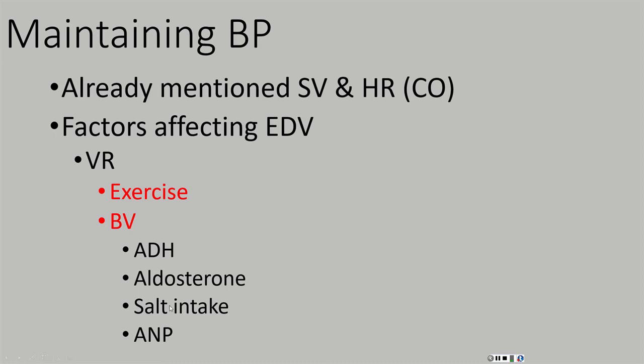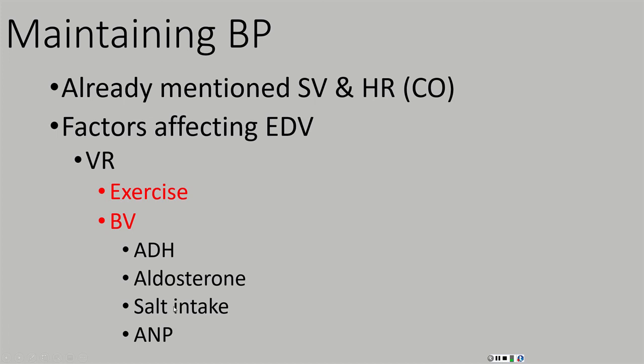Salt intake. Well, eating salt is really the same thing as what aldosterone does at your kidneys. It's just that rather than your kidneys reabsorbing the salt, here we are just putting salt directly into our blood through our diet. If you eat more salty foods, then sodium and chloride, the other part of salt, are going to remain in your blood.